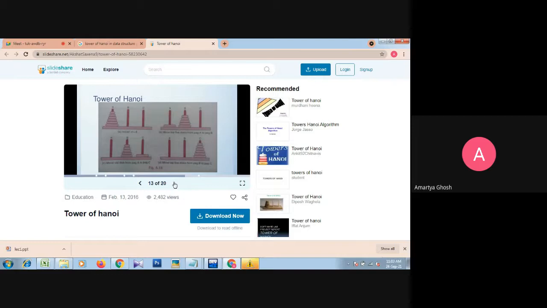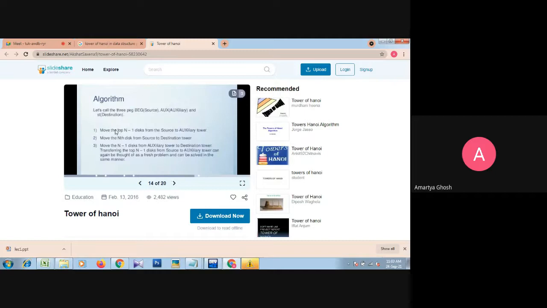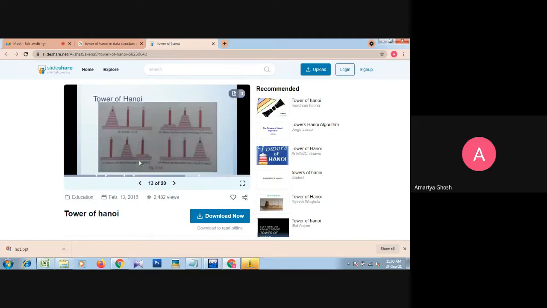So you can see here the Tower of Hanoi algorithm. Okay. This is not the procedure. Okay. This is an example of the last step. Okay.